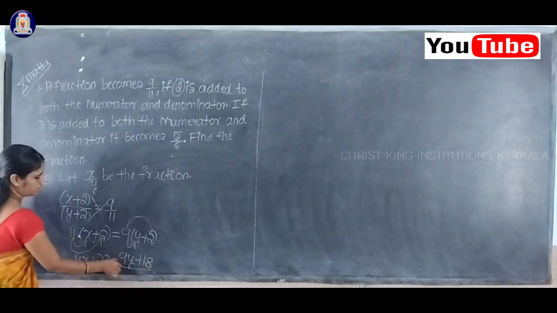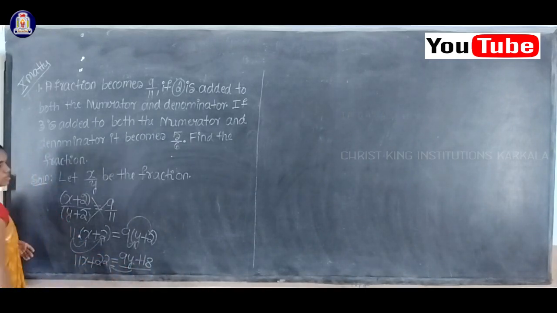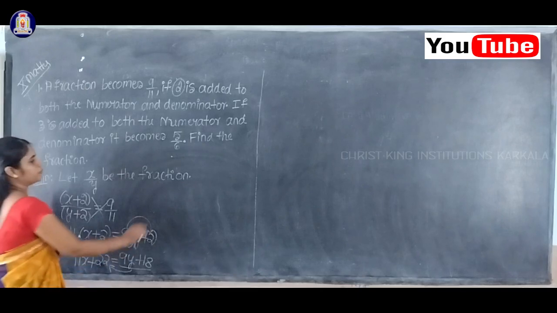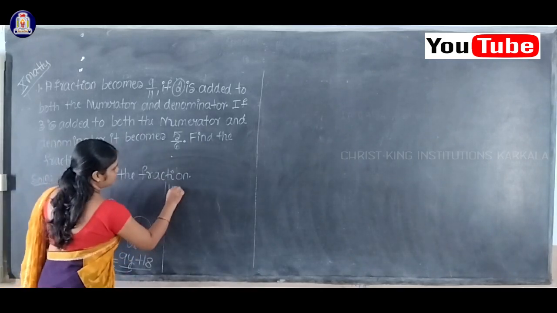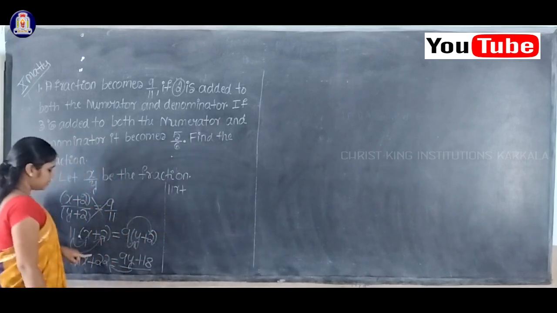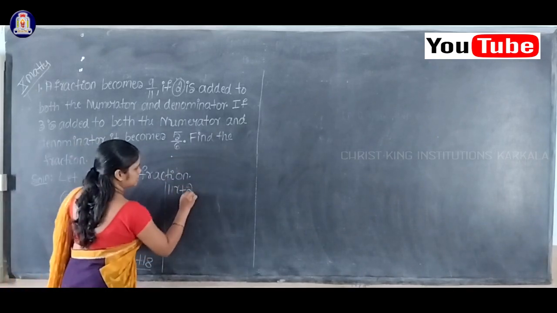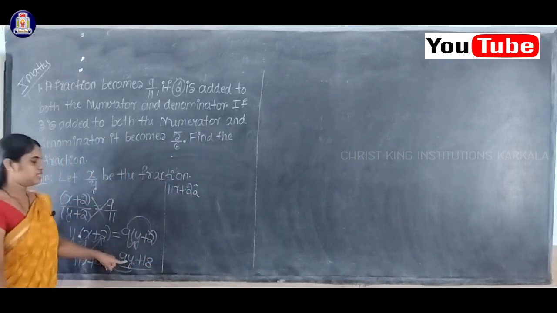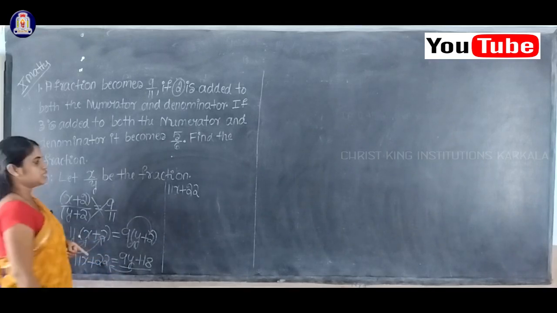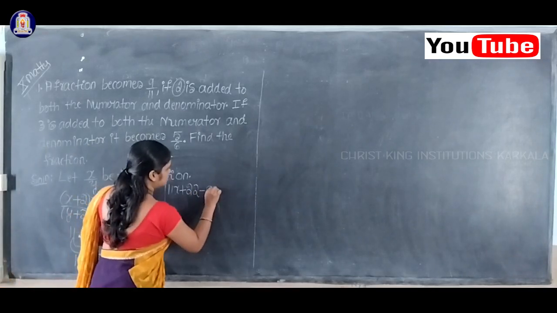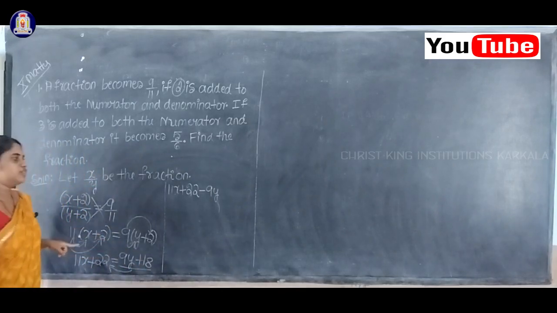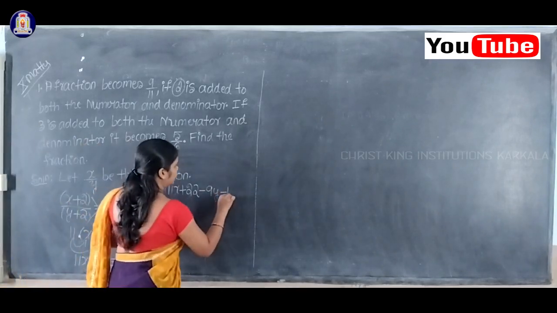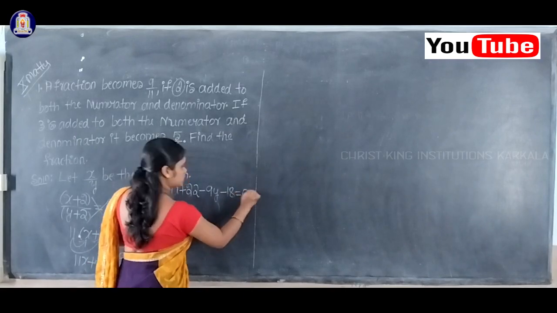Now shift the right hand side terms to the left hand side, because we need one equation. I'll write the left hand side as it is, 11x plus 22; the 9y comes to the left and becomes minus 9y; the plus 18 becomes minus 18, equal to 0.